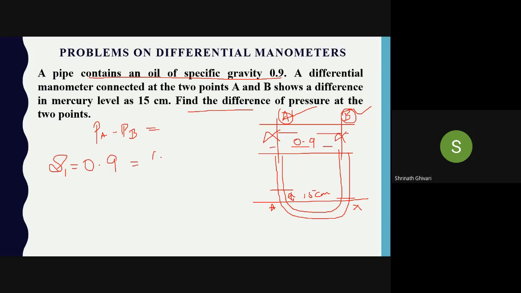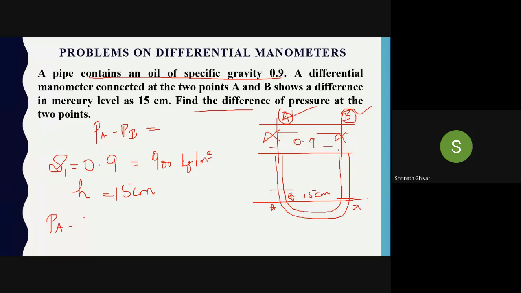The density is 900 kg per meter cube. Then H is 15 centimeter, the difference in mercury level. Now tell me which formula should I use, because there are not two pipes, there is only one pipe, and in one pipe we measure the difference PA minus PB.